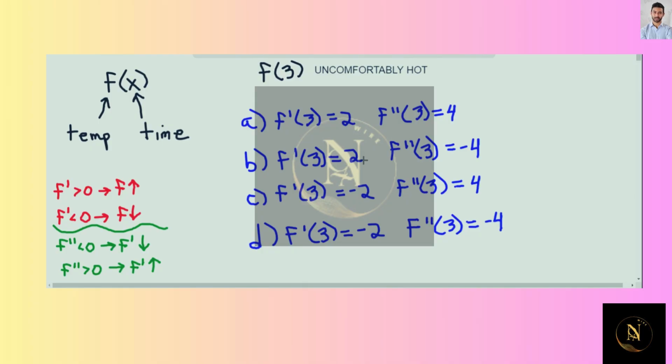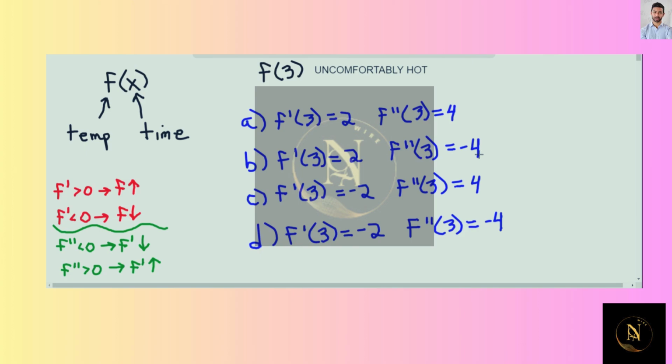The first derivative is positive. That means the function is going to increase. That means the temperature F is going to increase. It's going to get hotter. You're going to be more uncomfortable. But the second derivative being negative means that even though the temperature is increasing, the rate at which the temperature is increasing is going to start slowing down.